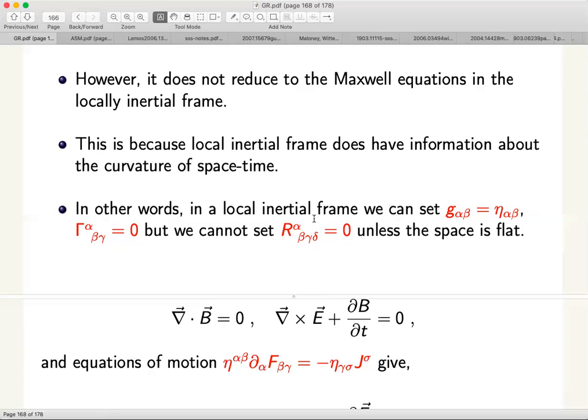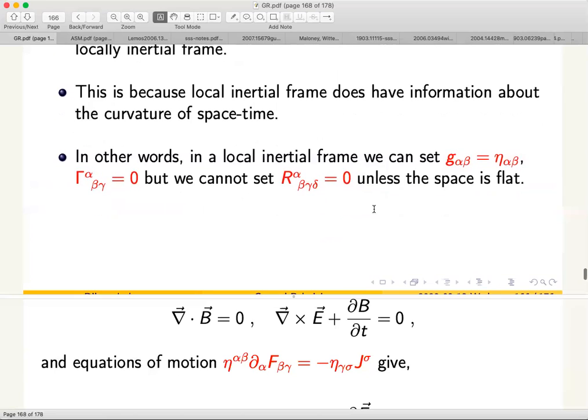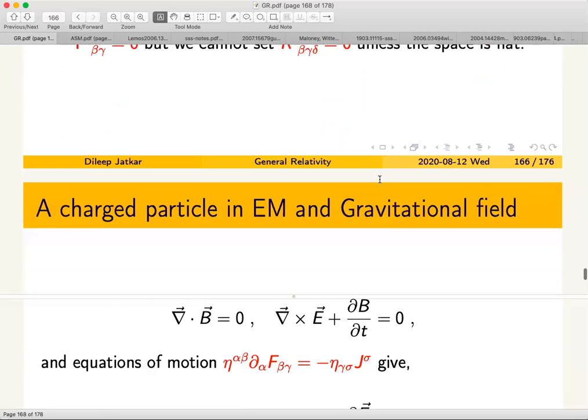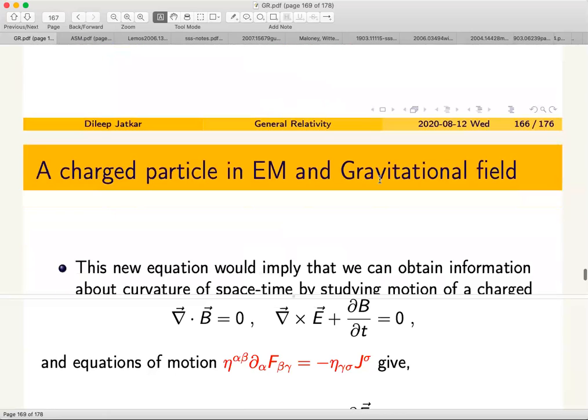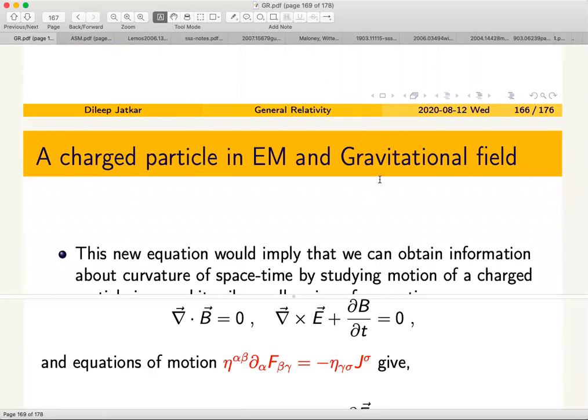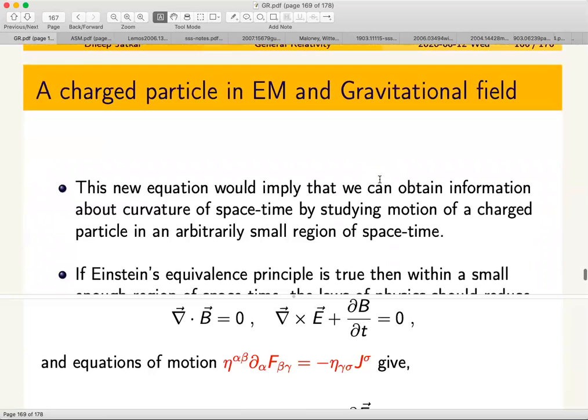So in that sense, if this quantity is non-zero, there is no coordinate transformation which can set it to 0. That is the reason why this quantity cannot be 0 unless the space is actually flat. Fine. So therefore, the local Lorentz frame does carry some information about the curvature of space-time.